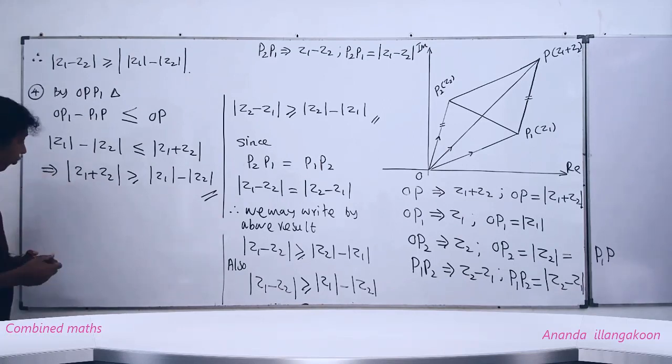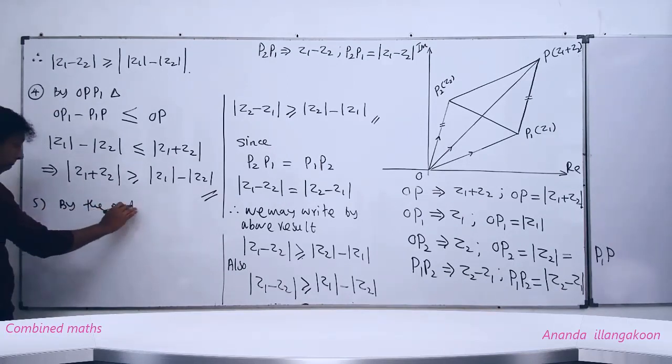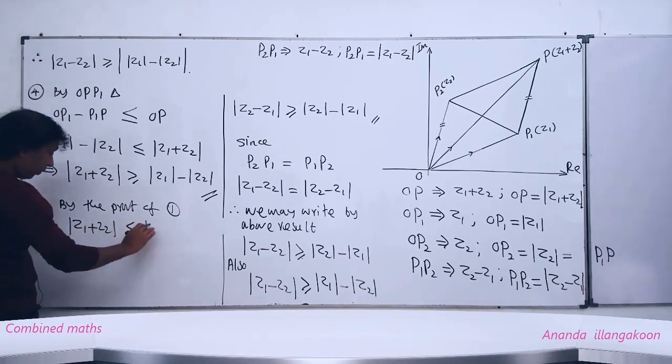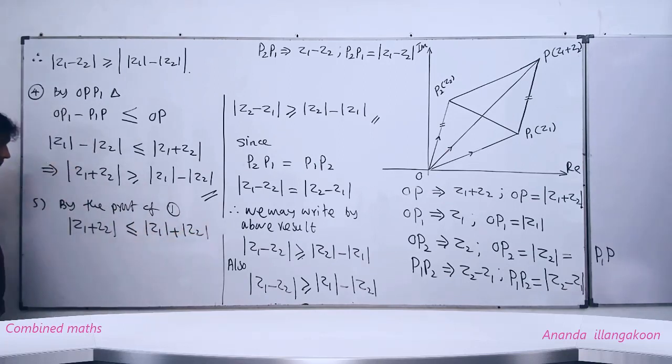From the very first proof, by the proof of 1, we proved what? |Z1 + Z2| is smaller than or equal to |Z1| + |Z2|. These two we can combine now.